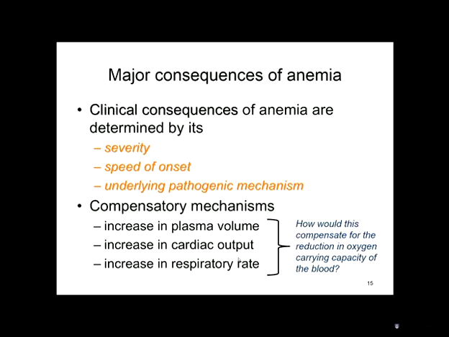There is going to be an increase in cardiac output. So the heart might pump faster, okay? So you might hear an increased pulse rate, right? And the patient might start breathing more rapidly, especially in severe cases, because there is an increased demand for oxygen, and the cells are just not doing their job. So increased respiratory rate, cardiac output, and plasma volume are intended to try and compensate for the severe reduction in oxygen carrying capacity.